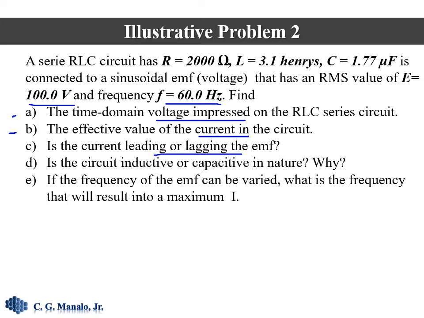Is the circuit inductive or capacitive in nature, and why? And last is if the frequency of the source can be varied, what frequency will give a maximum RMS value for the steady state response.